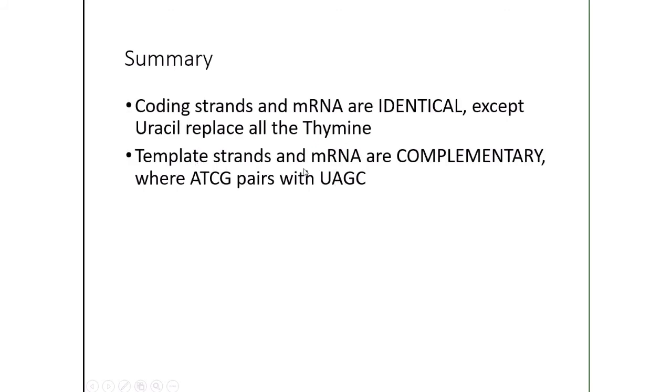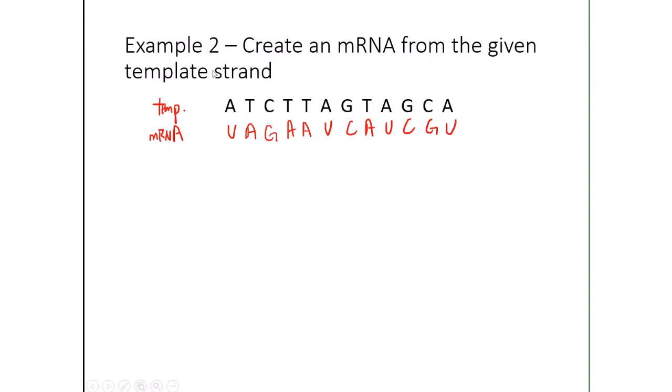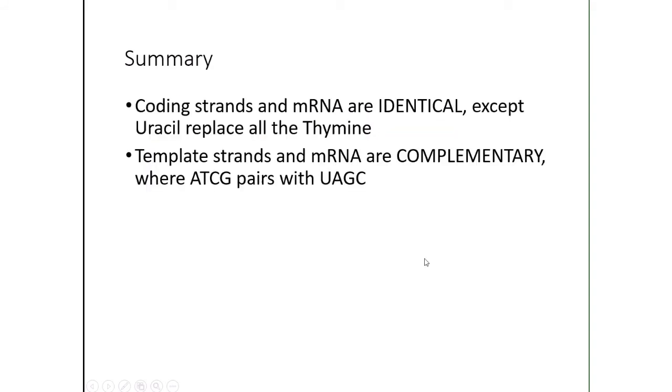The template strand and the mRNA strand are going to be complementary to each other. So where you have A, T, C, G, they are going to be paired with U, A, G, C, respectively. So if I give you the template strand, then you can switch it to the mRNA by following the complementary base pairing rules.